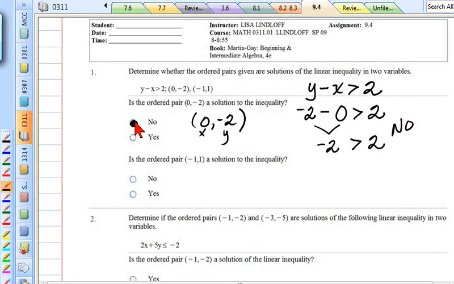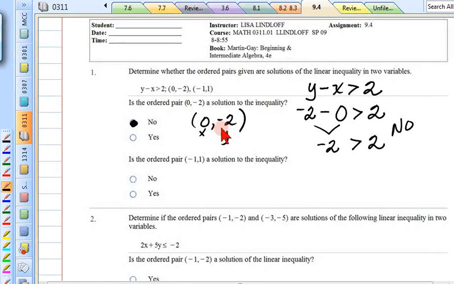What this would relate to if you were doing a graph is, if you had this inequality graphed, the one that I'm highlighting right now, you would have concluded that the point (0, -2) is not a solution.